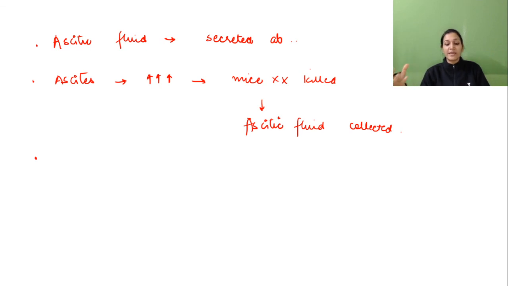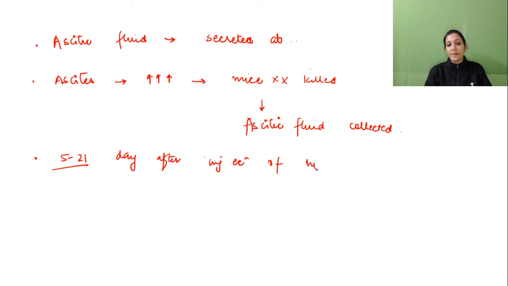So the monoclonal antibody product can be harvested 5 to 21 days after the injection of hybridoma cells.